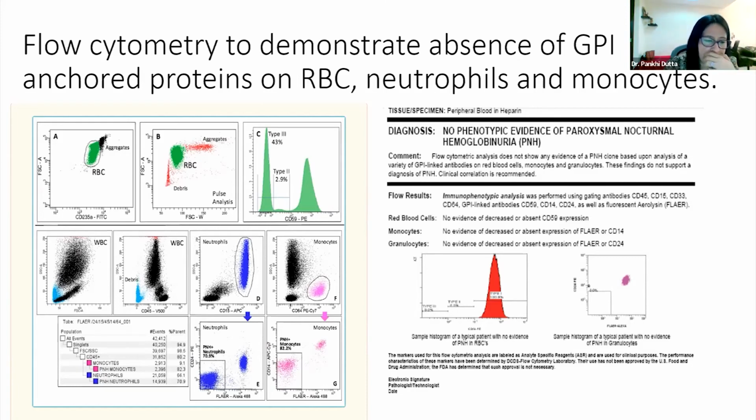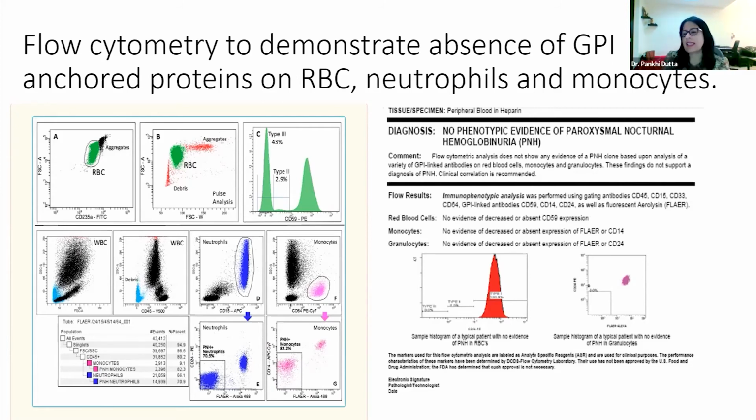And recently, a couple of years ago, a bacterial toxin called aerolysin, which is modified so that it doesn't cause lysis of the cells, was found to attach to the GPI anchor. So this bacterial toxin, linked to a fluorescent label, can also be very successfully used for flow cytometry of PNH.